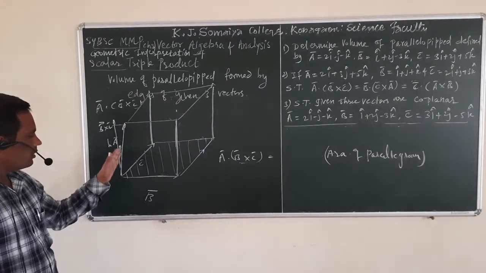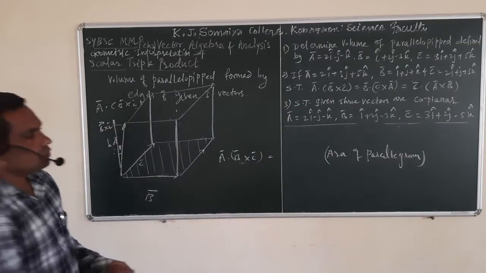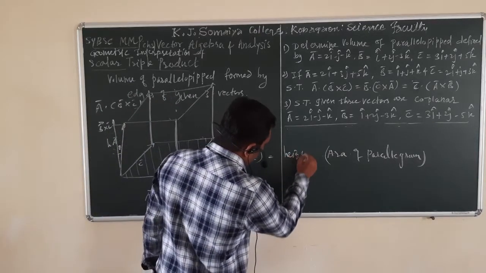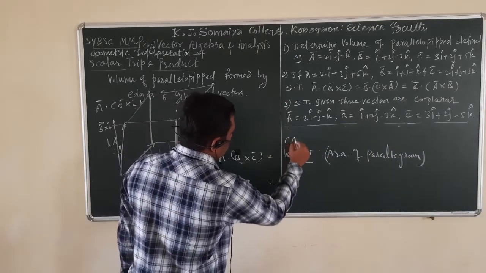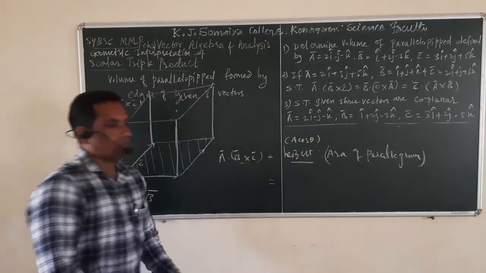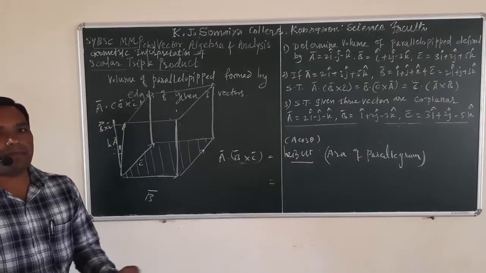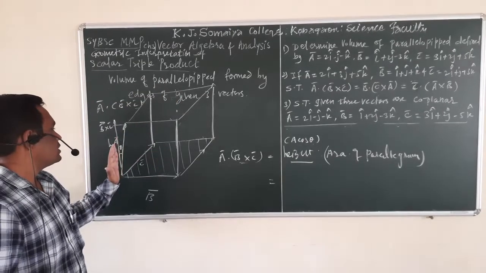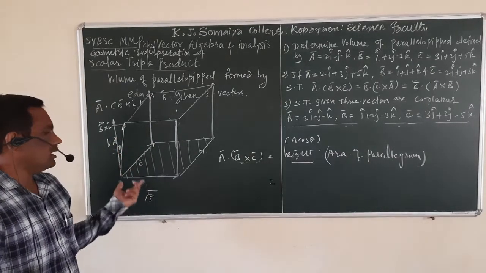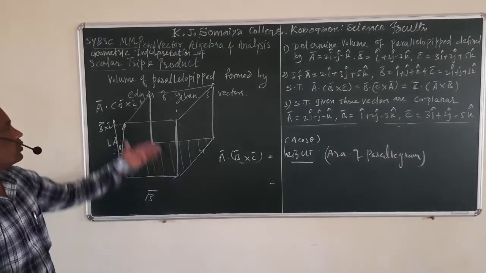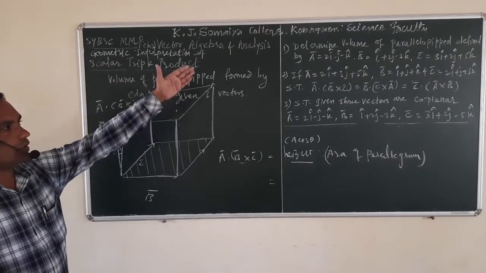That is the height of the parallelepiped. So height is A cos theta, multiplied by the area of the parallelogram. This whole term represents the volume of the parallelepiped, which is a three-dimensional shape formed by the edges of the three given vectors, vector A, vector B, and vector C. So with this geometric interpretation of scalar triple product, we are going to solve problems.